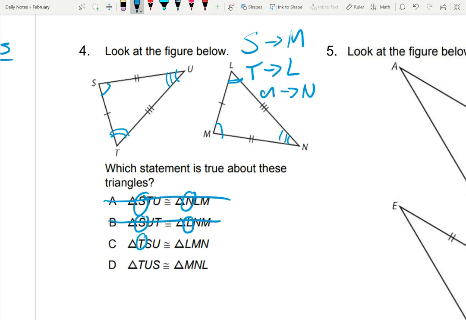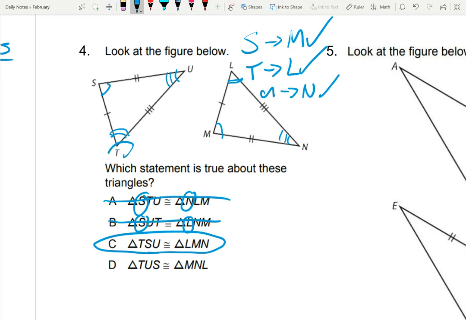Now the third one, T is corresponding with L, which is good. That's what it's supposed to do. S is corresponding with M, which is good. That's what it's supposed to do. And U corresponds with N, which is good. That's what it's supposed to do. So those are all corresponding matches. Remember, it's essentially kind of a matching game. We're trying to say the correct order of what is corresponding with what.